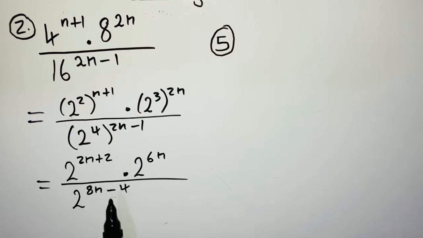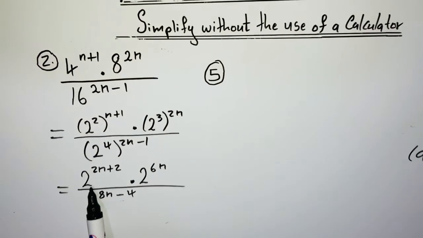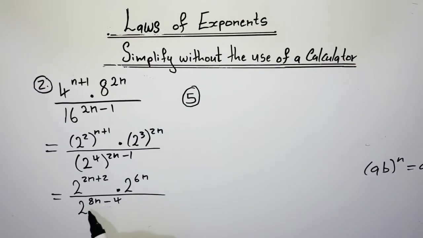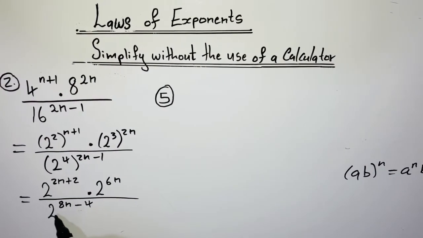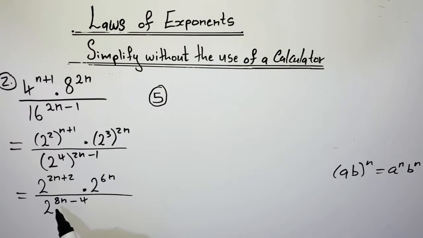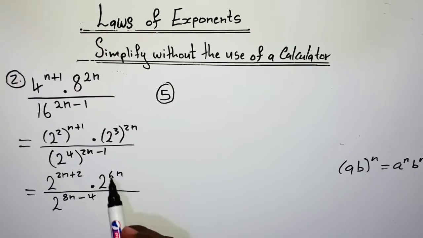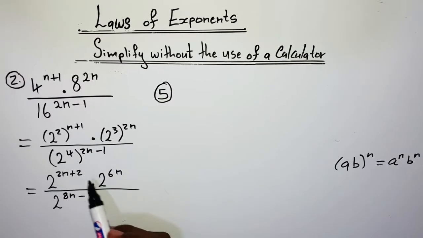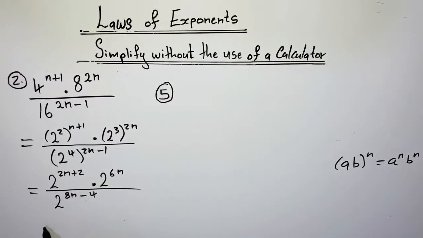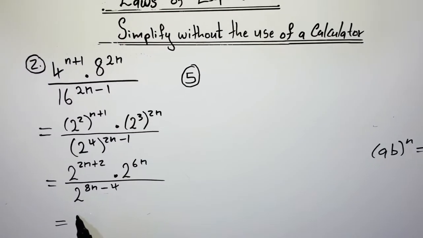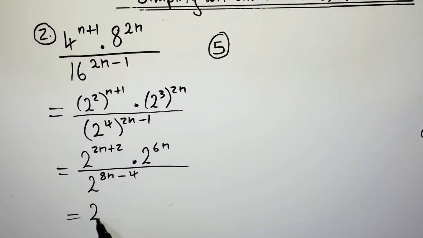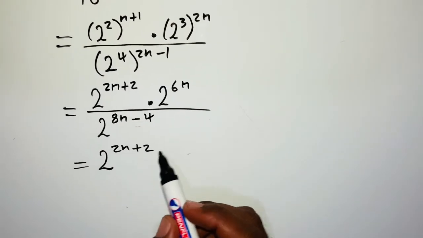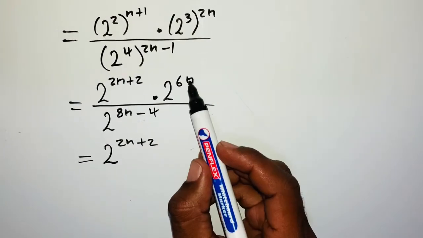So we now have one base, which is the base of 2, base of 2, base of 2, even here on our denominator. Then we go on to apply our law at the top that states that multiplying things of the same base, we have to add exponents. So at the top, I'll have 2 to the 2n plus 2, multiplying things of the same base, I add exponents.